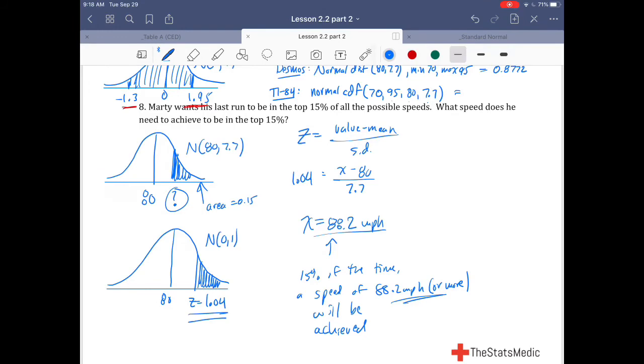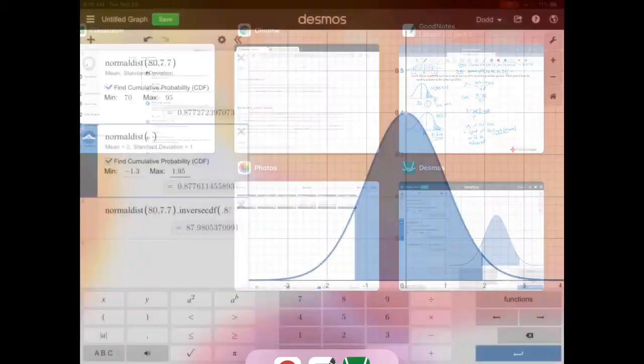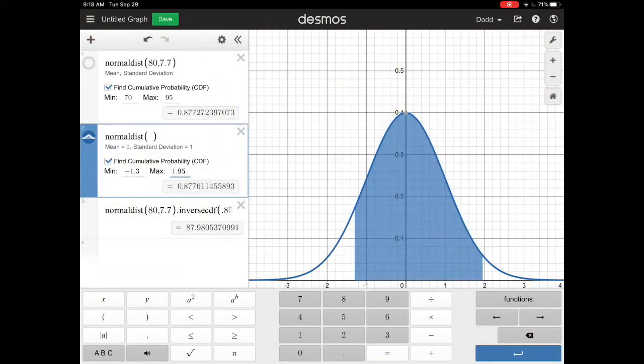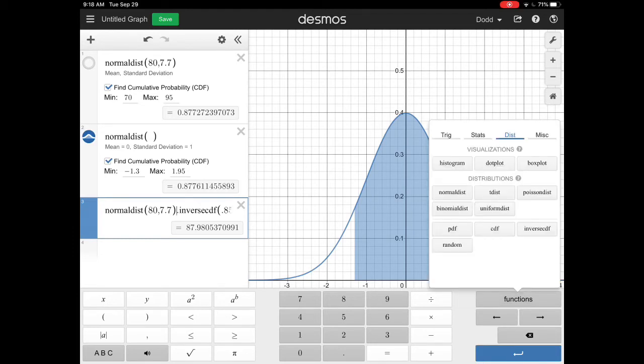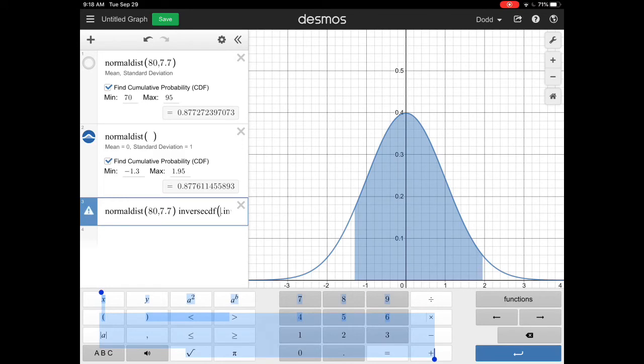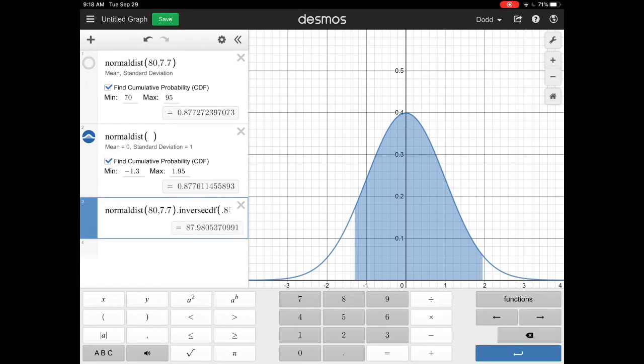So what's a technological way to calculate this? Well, on Desmos, what you'd have to do is do normal distribution, type in your mean and your standard deviation, put a period. Then in the distribution functions, you'll find this inverse CDF function right there. I didn't want to do that again, though, so sorry about that.